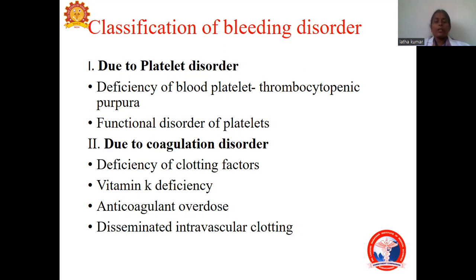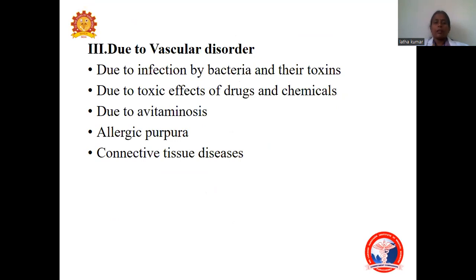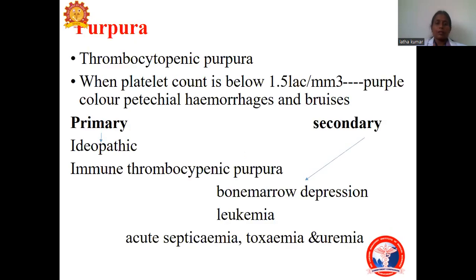Due to coagulation disorder, it may be due to deficiency of clotting factors, vitamin K deficiency, anticoagulant overdose, or disseminated intravascular clotting. Due to vascular disorder, it may be due to infection by bacteria and their toxins, toxic effects of drugs and chemicals, avitaminosis, allergic purpura, or connective tissue disease.